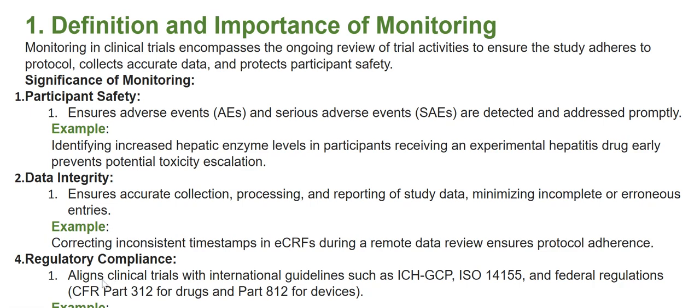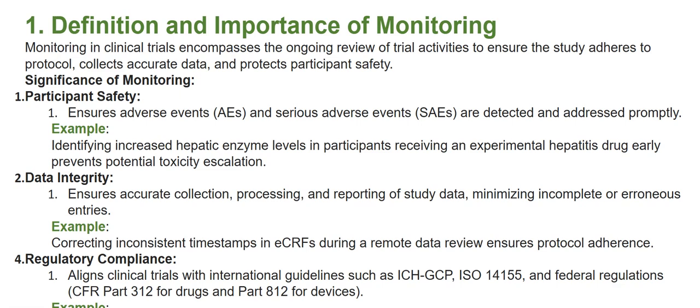Regulatory compliance aligns clinical trials with international guidelines such as ICH GCP, International Council for Harmonisation Good Clinical Practice, ISO 14155, and federal regulations, CFR Part 312 for drugs, while Part 812 for devices.